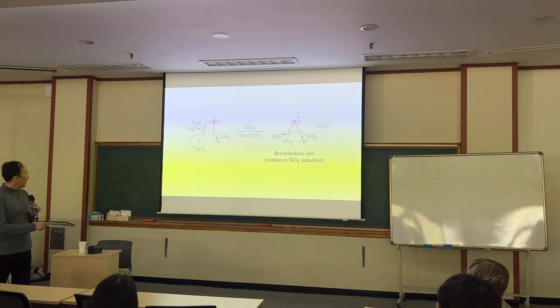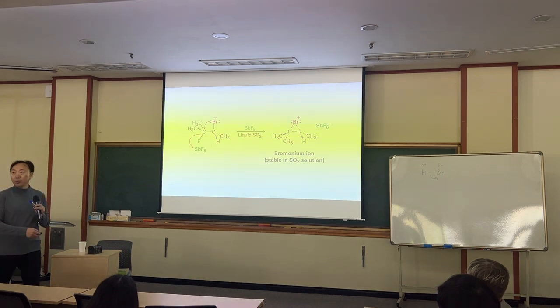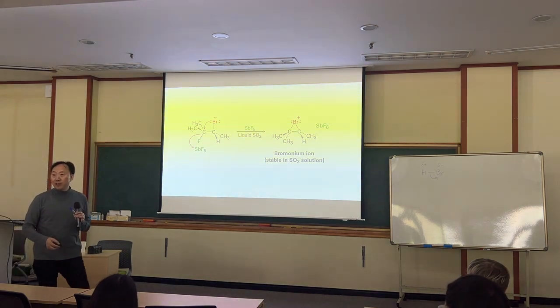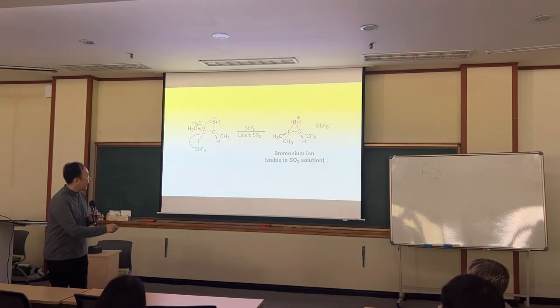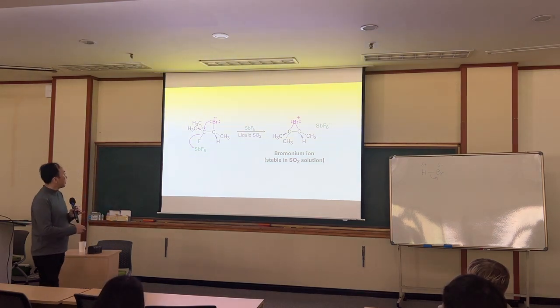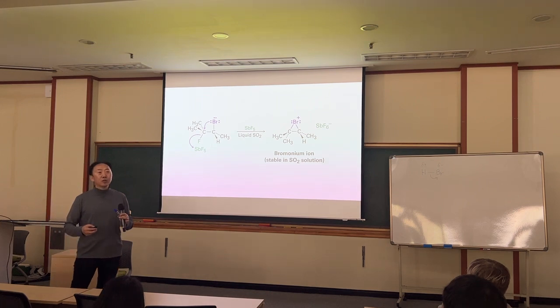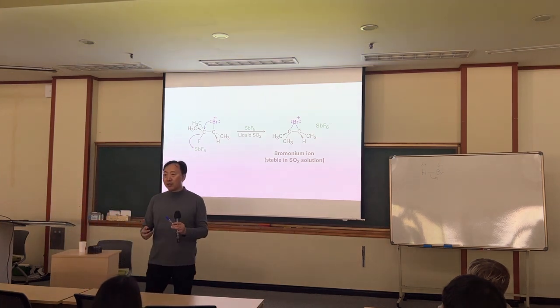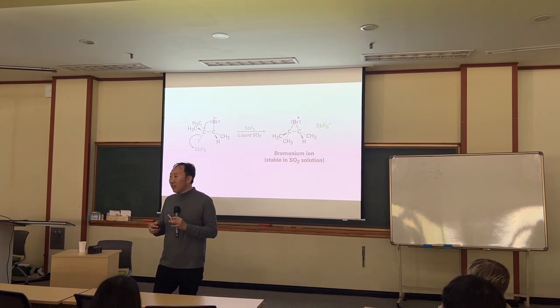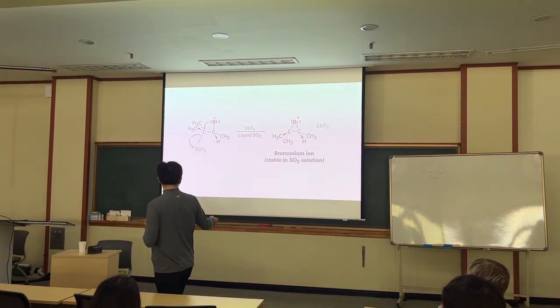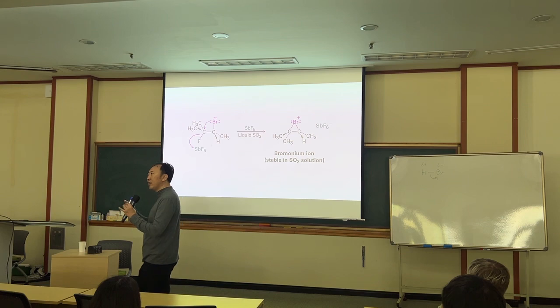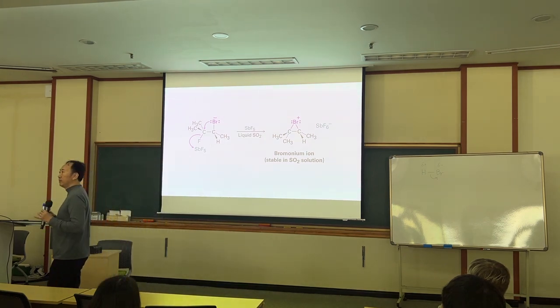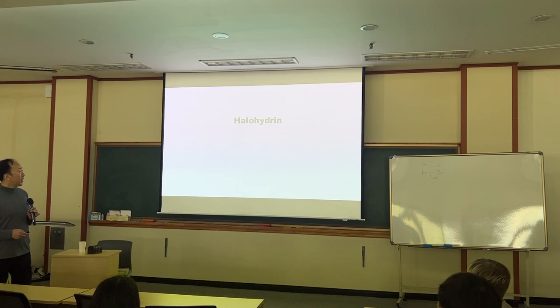Usually, this one is not a good leaving group, but by giving strong acid, there is no good nucleophile. With no nucleophile, the unstable intermediate could be isolated. By this method, the attack here pushes this out, and it forms this bromonium intermediate, and there is no reactive partner. That's why it could be isolated, even crystallized, to show that the structure is this kind of triangular intermediate. Okay, so we learn one more reaction here.